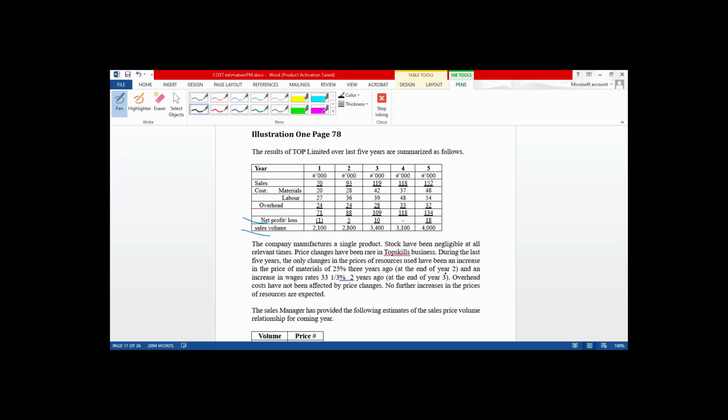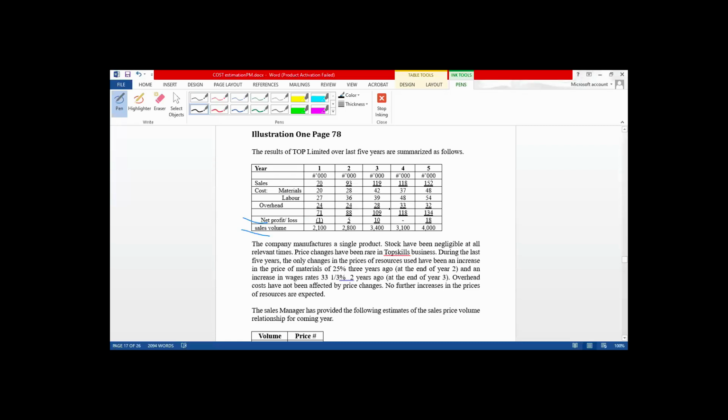Okay, look at the end of year 2. It's a pointer. Look at the increase in wages, 33.13%, 2 years ago, in bracket, at the end of year 3. That means the increase will affect year 1, year 2, year 3. At the end of year 3, 2 years ago, count it, 1, 2. At the end of year 3, the increments will stop.